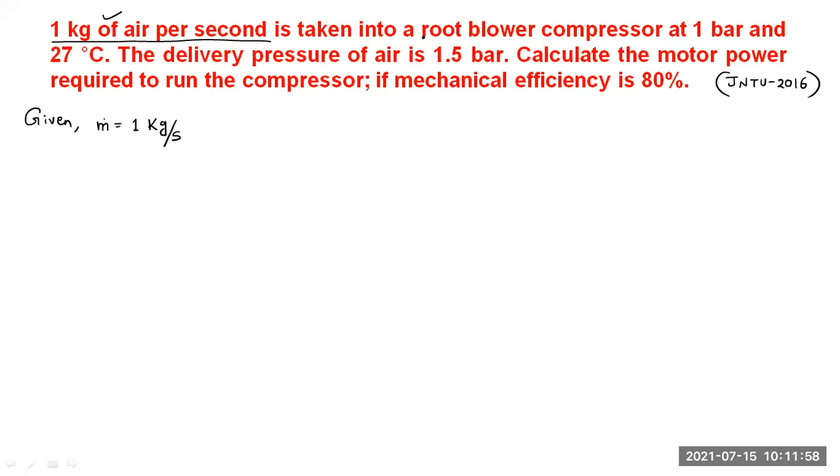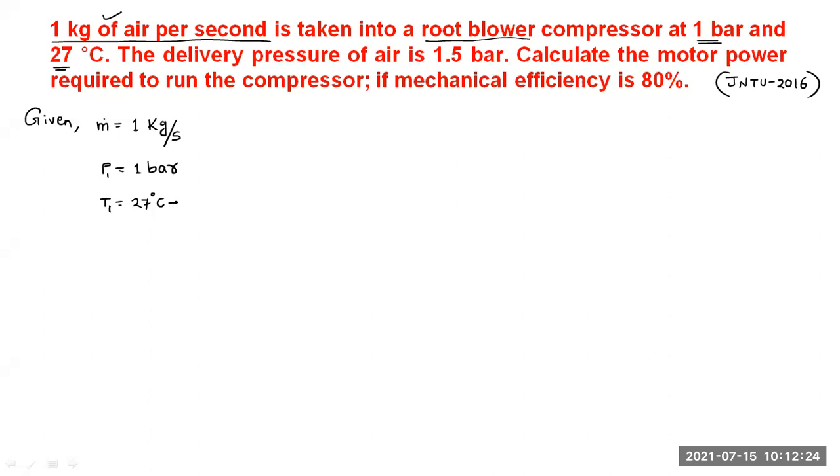The air is taken into a root blower compressor at 1 bar and 27 degrees Celsius. This means the inlet pressure is 1 bar, so P1 equals 1 bar, and the inlet temperature is 27 degrees Celsius, so T1 equals 27 degrees Celsius.